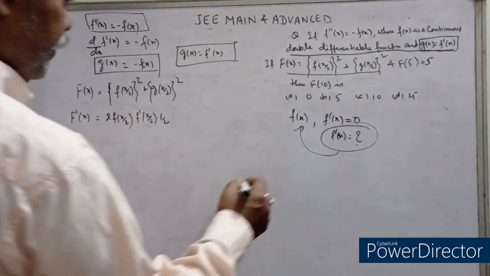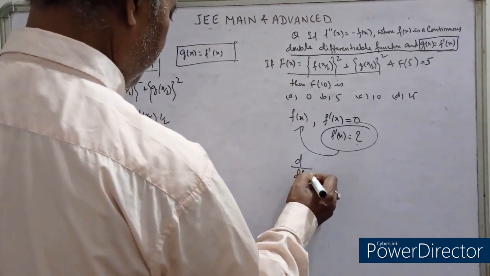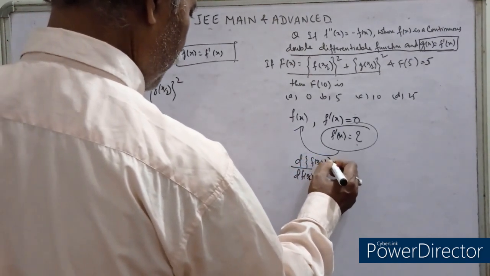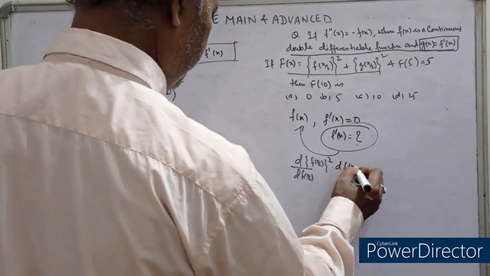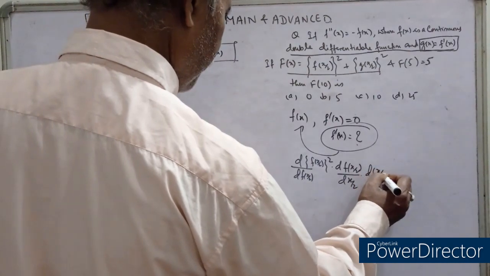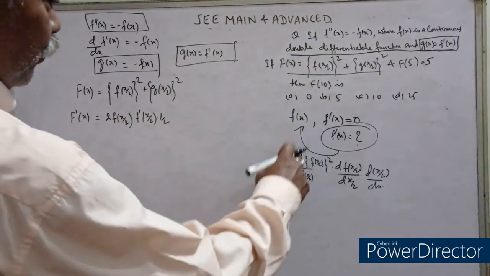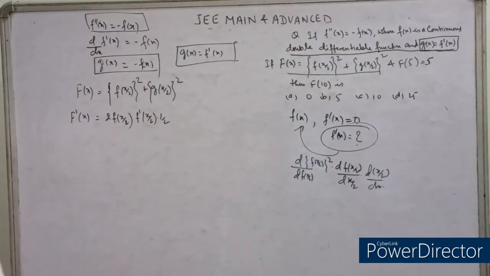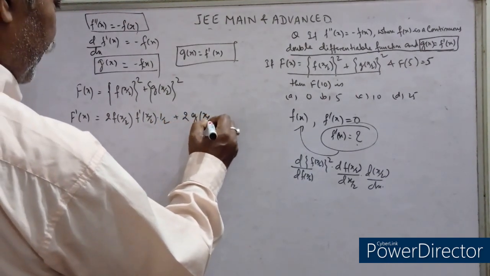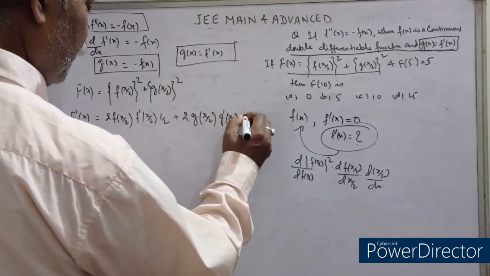Let me explain you here: d of f x by 2 the whole square into d x by 2 by dx. So this is the detailed explanation. So 2 f x, f dash x and 1 by 2. Similarly here you are going to get 2 g x by 2 into g dash x by 2 into 1 by 2.